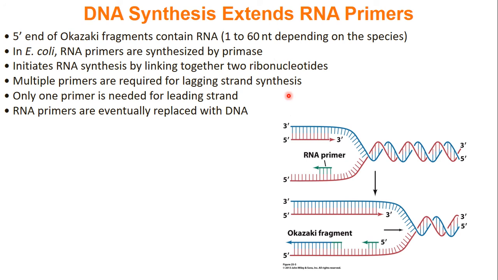And the way this works for primase is that RNA synthesis is initiated by linking two ribonucleotides together. And like I said, every time you make a new fragment, you need a new primer. However, for the leading strand, you only need the primer once because it's continuous. Once you start it, you don't need to stop it. But eventually, we don't want RNA in our DNA sequence, so these primers are removed before replication is complete.